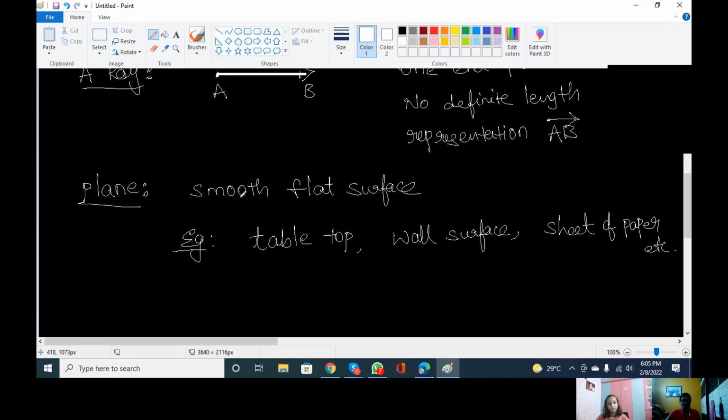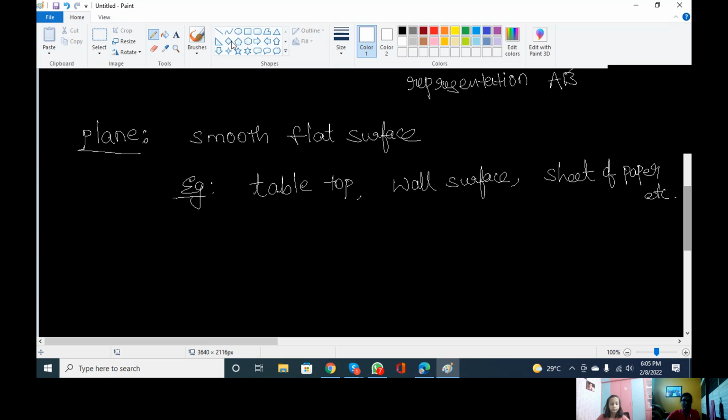For example, my tabletop is like this, and here you will have legs. So a tabletop is like this.